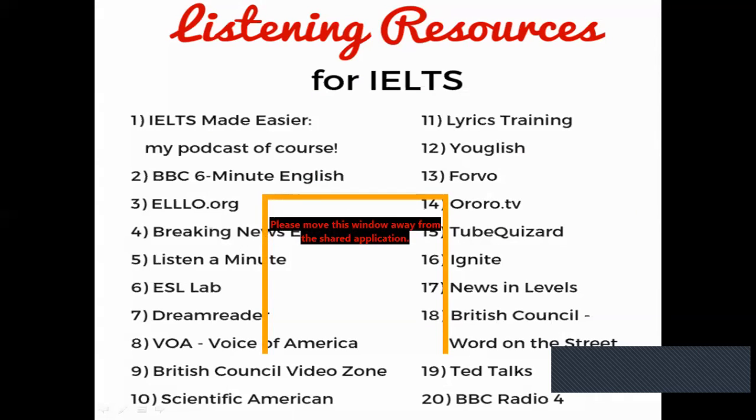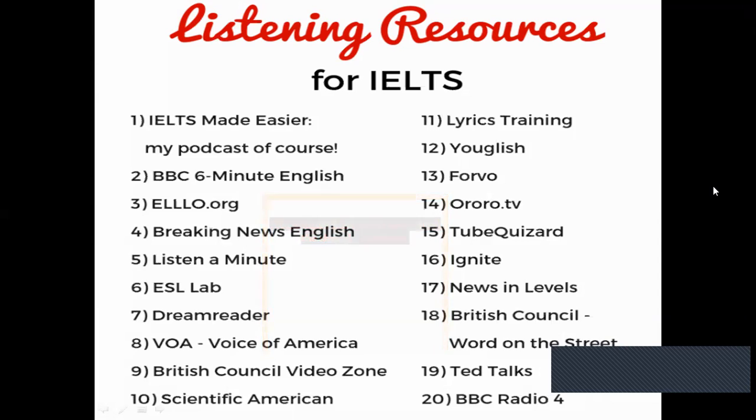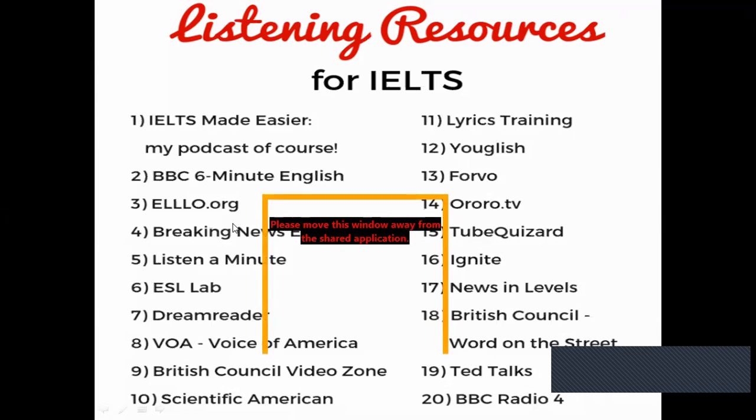Number 6 is a very important website where you get all levels of text. You have easy, medium, as well as difficult level passages, with different kinds of accents. Australian accent, Scottish accent, and then a tinge of a Latin American accent. All those kinds of things will be there.